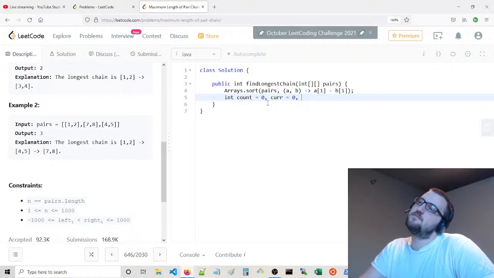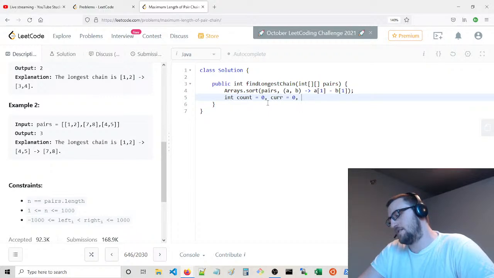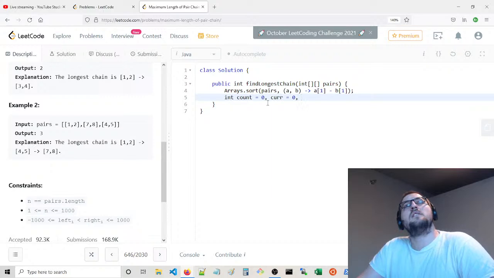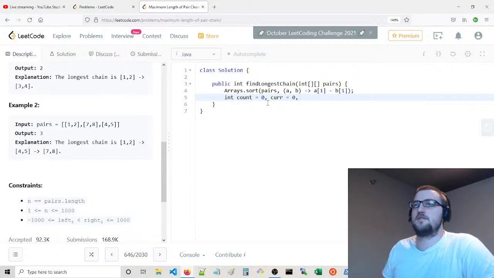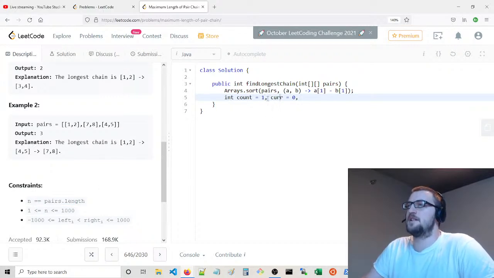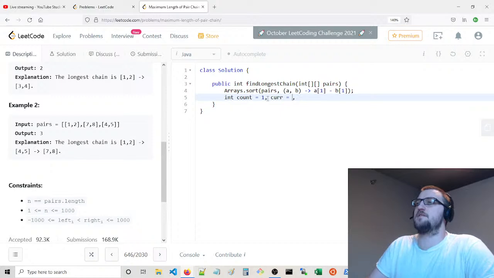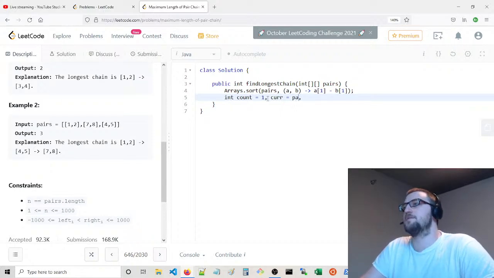I think he just used i. They said there's always going to be at least 1, so we can initialize count at 1 and say current is equal to 0, right? The first pair always counts.